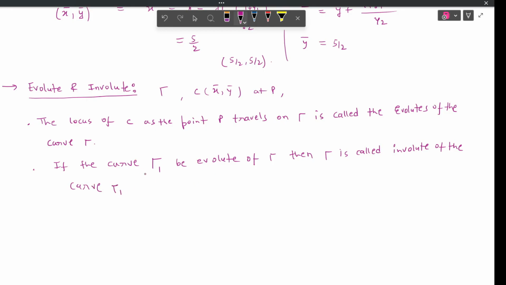Okay, this is as simple as that. If gamma 1 is the evolute of the curve gamma, then gamma would be the involute of the curve gamma 1.